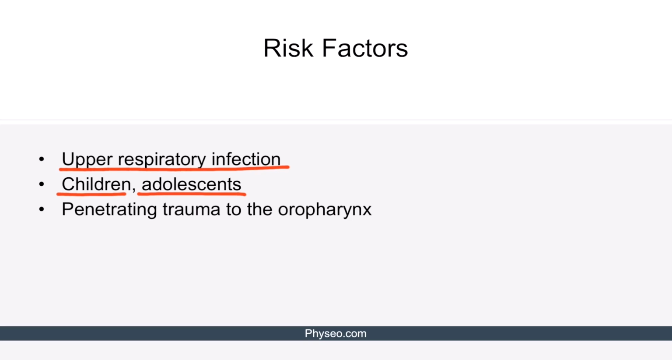This is because children experience upper respiratory infections more frequently, and their retropharyngeal lymph nodes have not regressed yet, making it easier for the infection to spread into the retropharyngeal space via the lymphatic system. Lastly, penetrating trauma to the oropharynx is also a risk factor for the development of retropharyngeal abscess, as it can directly introduce the infection into this potential space.